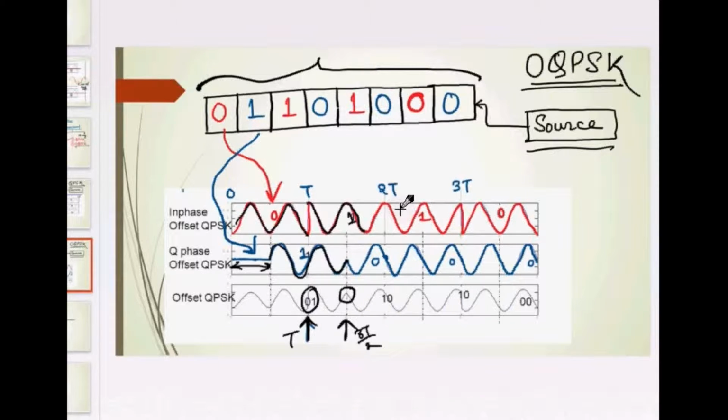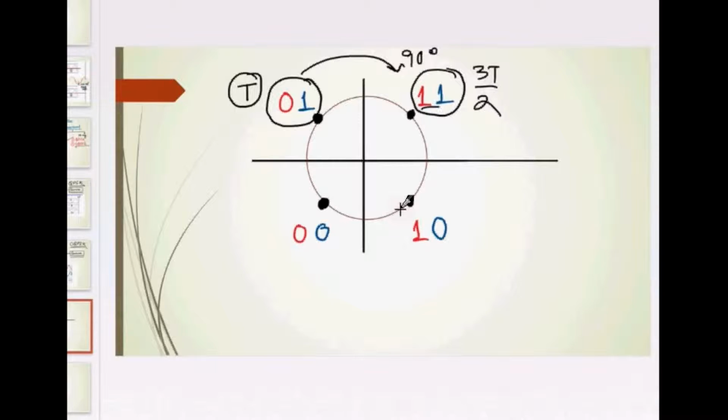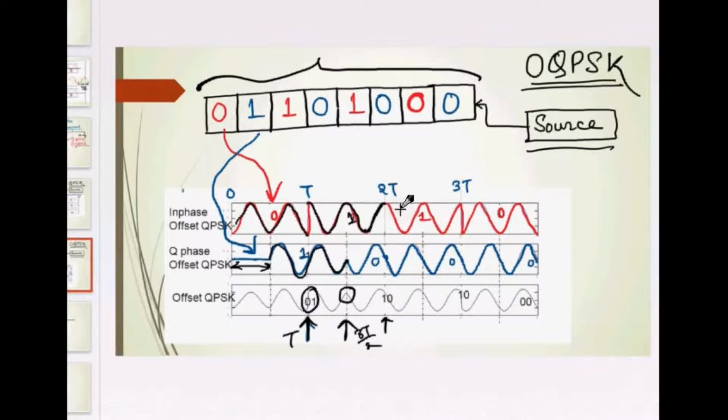Now you have to sample at 2T seconds. At 2T seconds, your in phase component data has not changed. It is still 1. That means the first, red one has not changed, but your quadrature phase data has changed. At 3T by 2 seconds, it was 1, but at 2T seconds, it became 0.